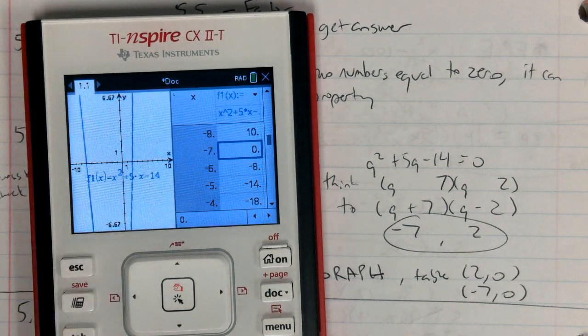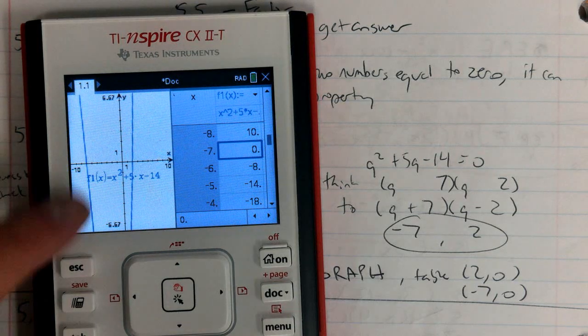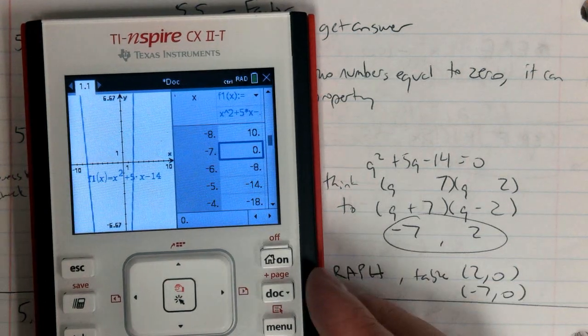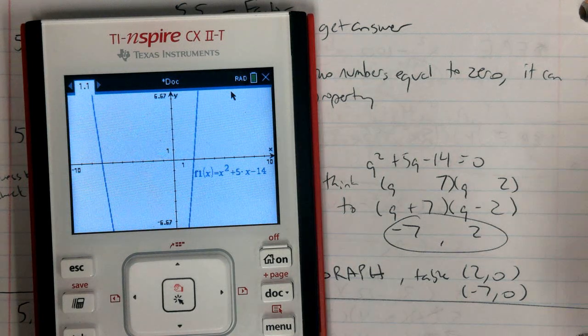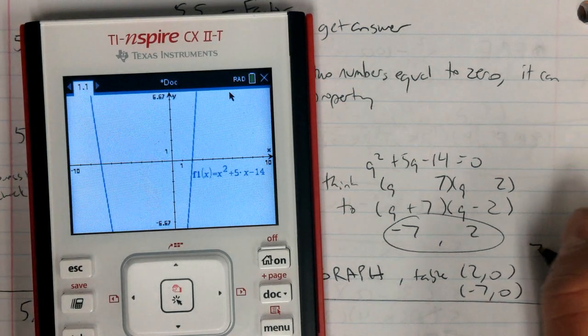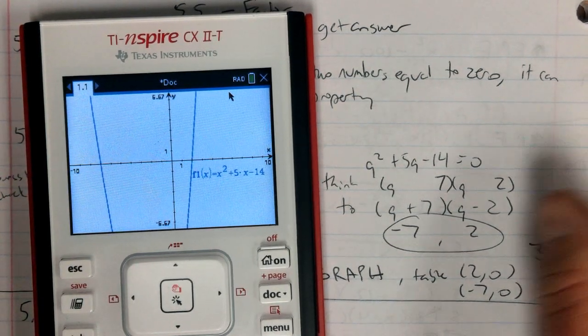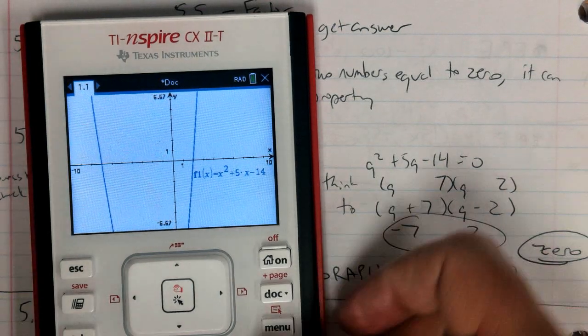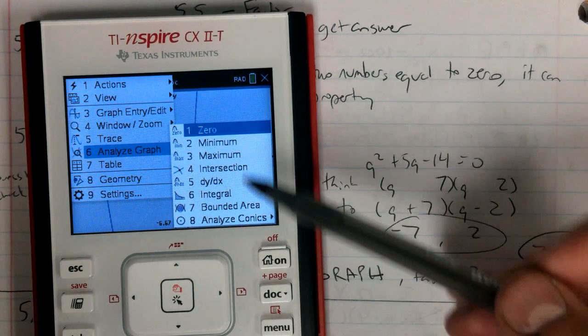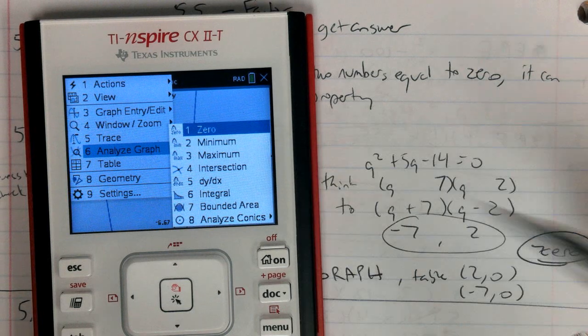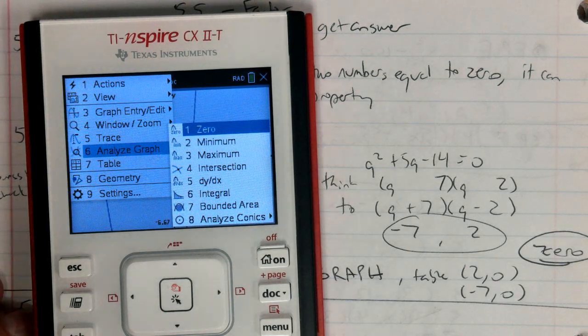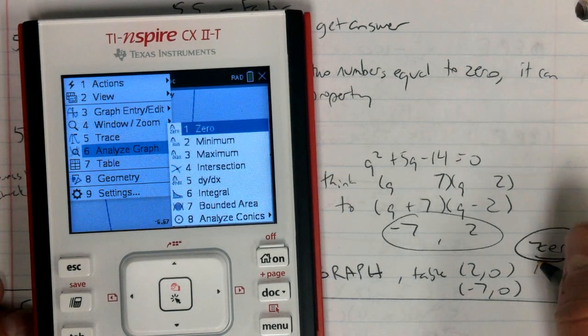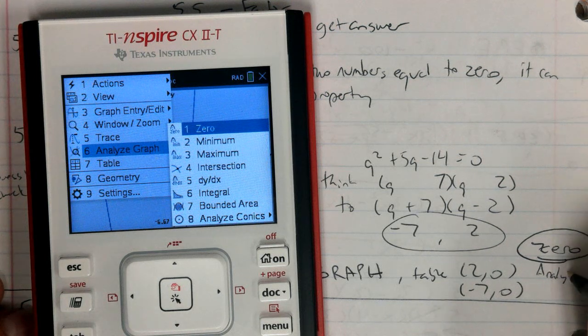But sometimes, like in higher math, you may get something other than that. And so I want to show you about using the zero of the graph. So we would go to Analyze, and then the very first option is 0. So you're doing Analyze, Graph, 0.